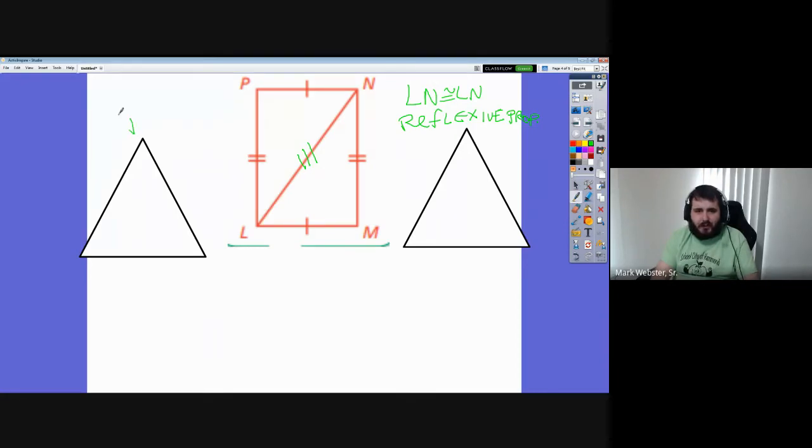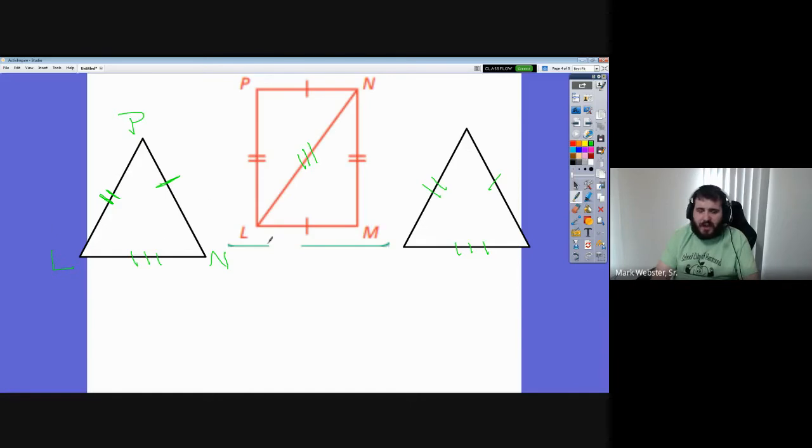I'll put P here at the top, and I'll copy down the congruence tick marks. This is N, and this is L. Okay, let me move over here. Let me erase this so I've got some room here. Well, let me do this first so that then I can put the appropriate letters where they need to go so that everything matches, right?